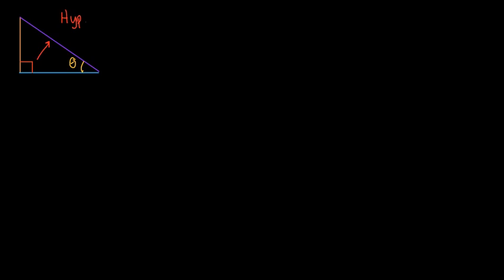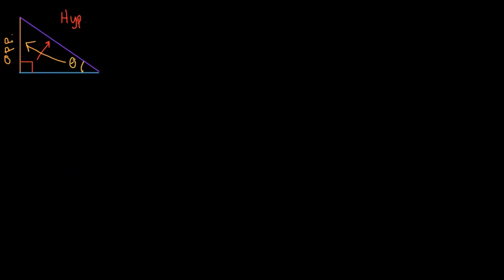Okay. The next side length that we're going to consider is the one that is directly opposite this angle theta. Okay? And it is called the opposite side length, OPP. Let's write that a bit bigger. It's the opposite side length.